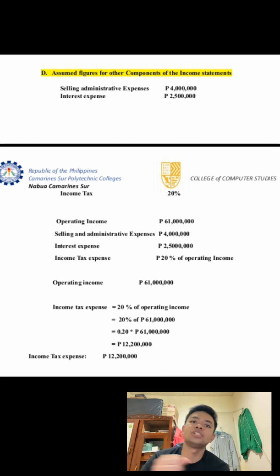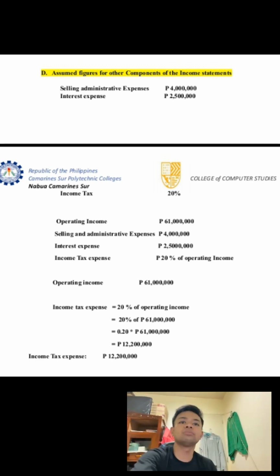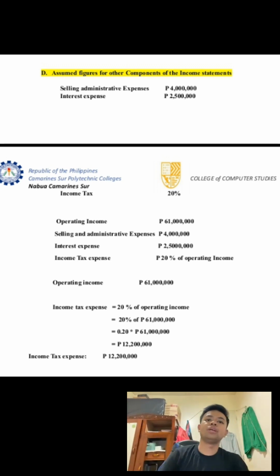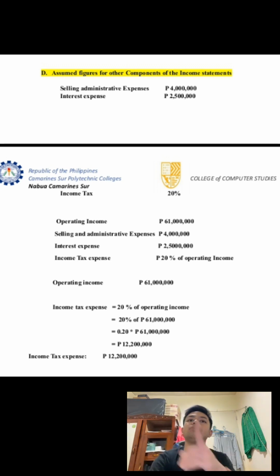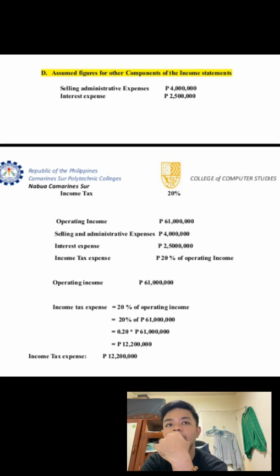To compute the assumed figures for other components of the income statement, we need to determine the total selling and administrative expenses. Next is to determine the total interest expense, and to multiply the operating income by the income tax rate to find the income tax expense. Finally, we subtract the interest expense and income tax expense from the operating income to find the net income.